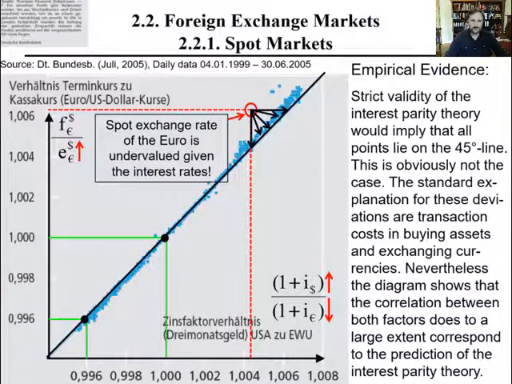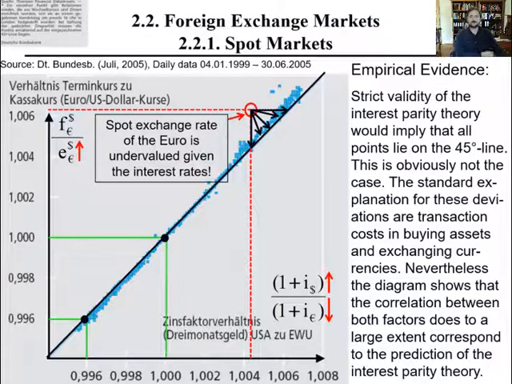Since thousands of investors continuously scan the markets with very fast computers to detect such possibilities for a riskless profit, these types of corrections take place quite fast, such that most observation points actually lie quite close to the 45-degree line.